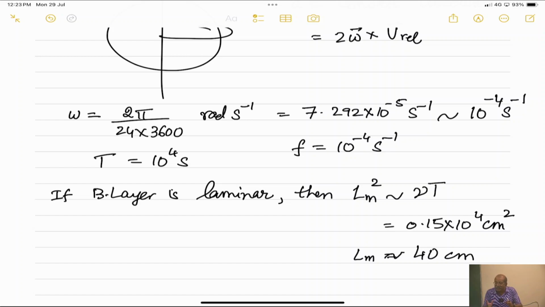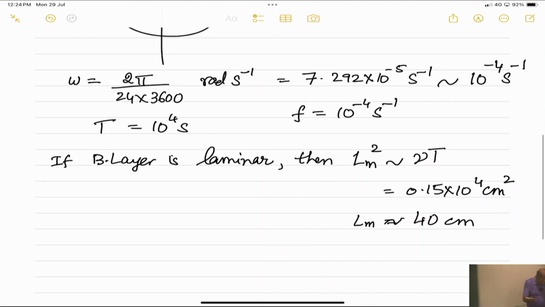So suppose the earth was at standstill and it starts to rotate with this omega. By the time you complete one rotation, the boundary layer would have gone by about just 40 centimeters. So if the flow was laminar, with nothing else, just molecular diffusion, this is the effect you would get.